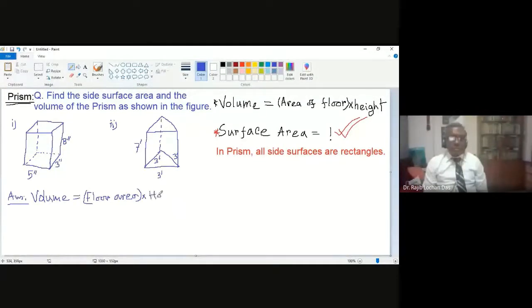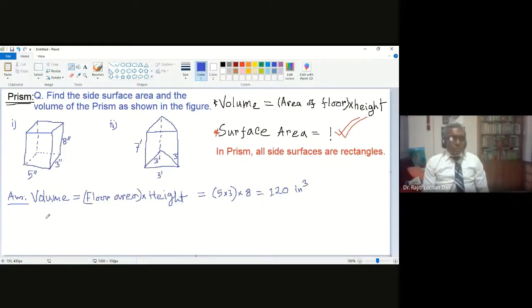So if this is the formula for the first one, what will be the numbers? Floor area will be 5 into 3, and then height will be 8. So this is the answer, and it will be 120 inch cube.